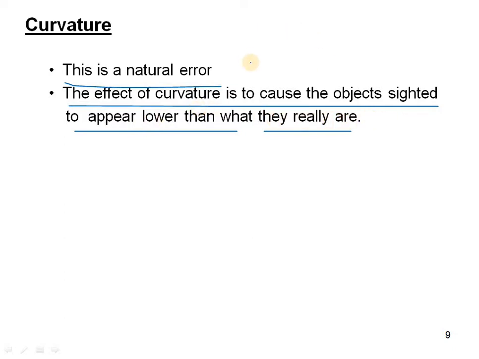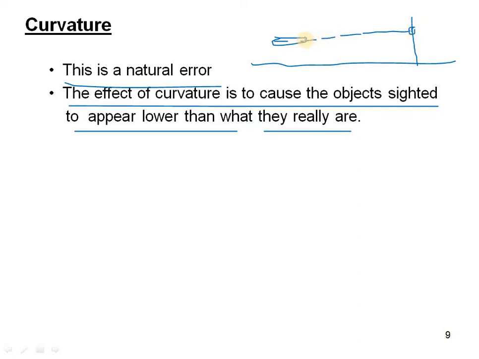That means when we are seeing from the staff to the instrument, whatever measurements we are seeing through the object glass look similar, but it is not the same. The objects sighted appear lower than what they really are. They will look very low, but actually the object will be very large.